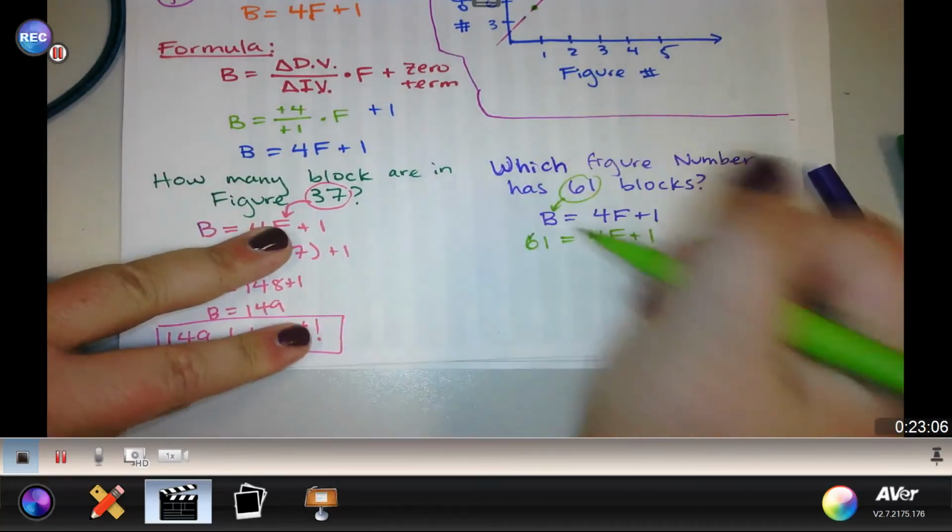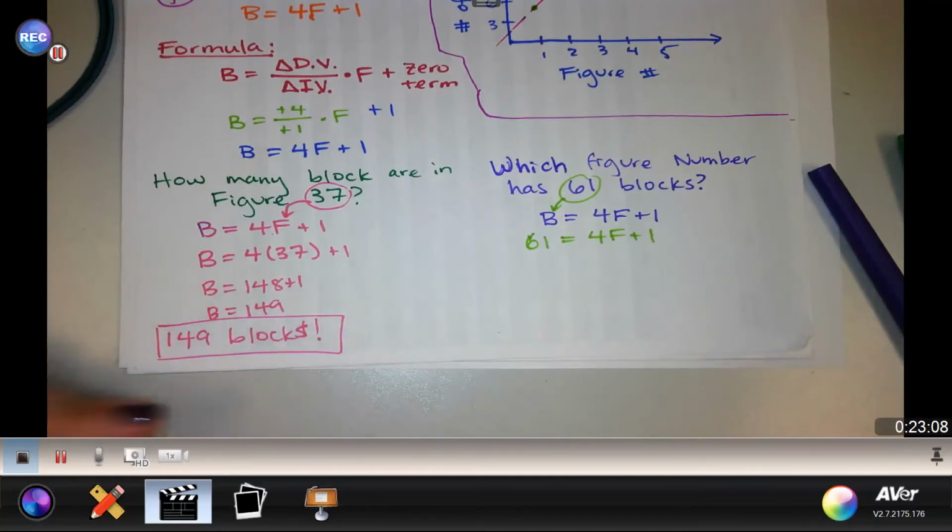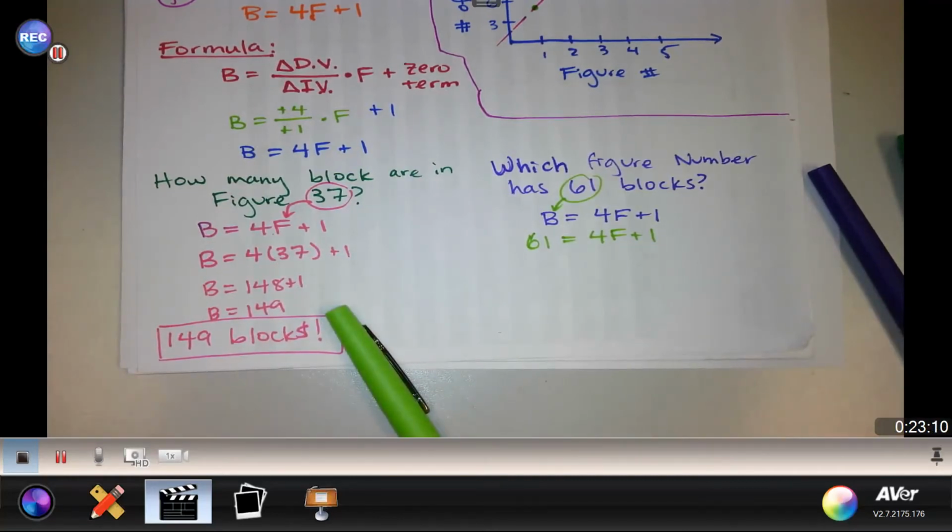Okay, so you can use guess and check, which means that you can take, I don't know if I have a calculator near me. Normally I have a calculator everywhere I go, but not today.